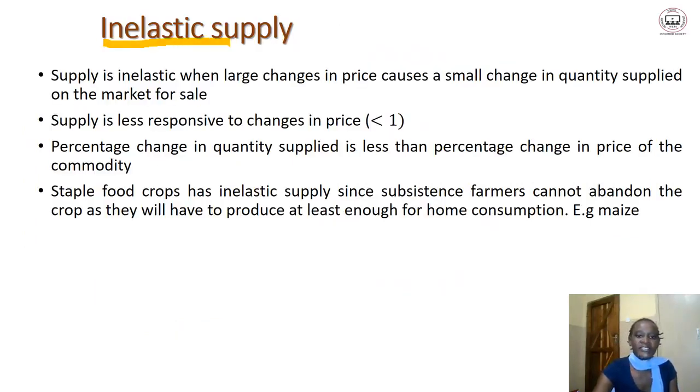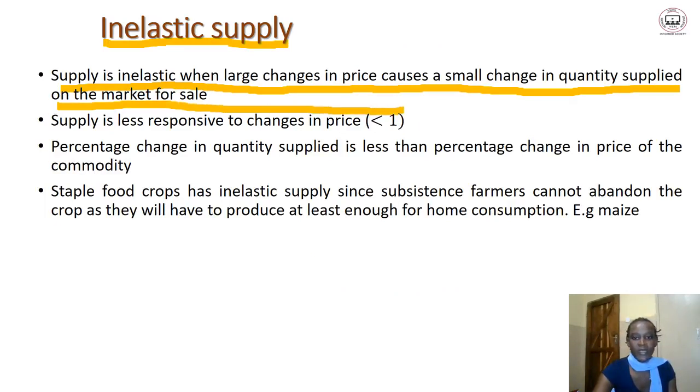Wow, inelastic supply. Supply is inelastic when a large change in price causes a small change in quantity supplied on the market for sale. So we say supply is less responsive to change in price. Even if there is a huge change in price, increasing or decreasing the price of the commodity, it will lead to a small change in quantity supplied.